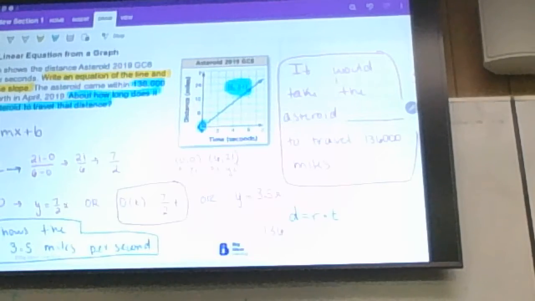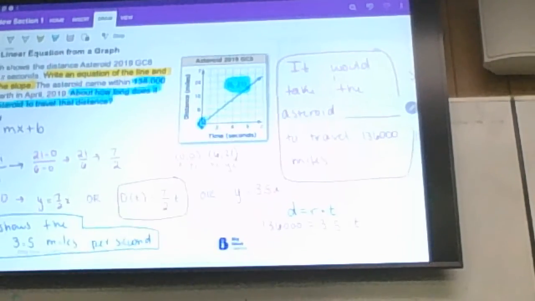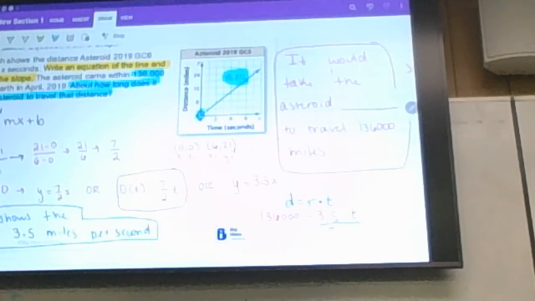I'm going to put 136,000 equals 3.5 times t, and then I'm just going to divide both sides by 3.5. I get that it's going to take 38,000 seconds for it to hit Earth.